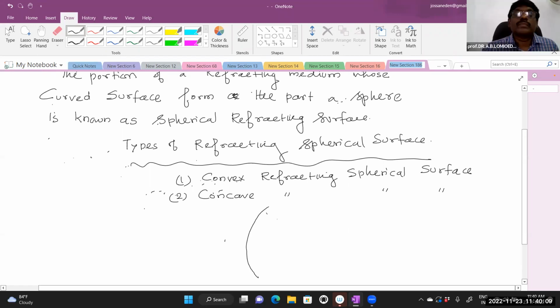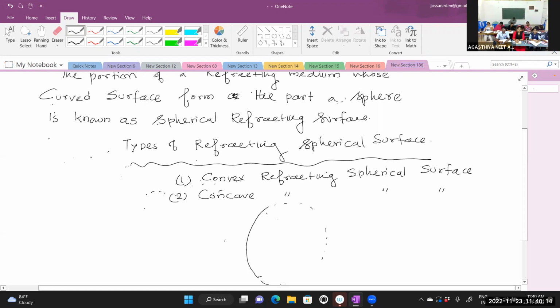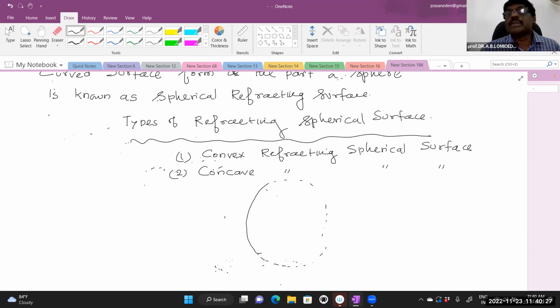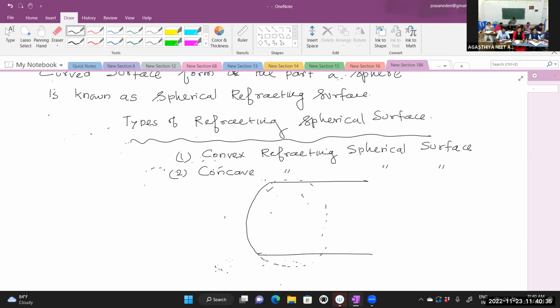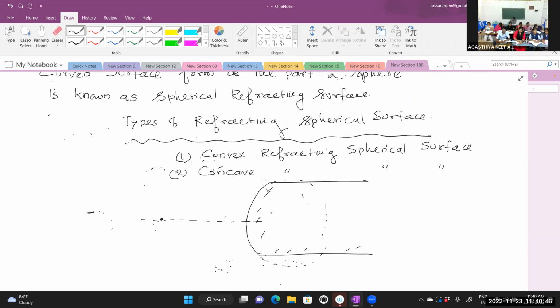See, this is the part of the refracting surface. It acts as a concave refracting spherical surface like this. Here, the object will be placed on the left hand side.